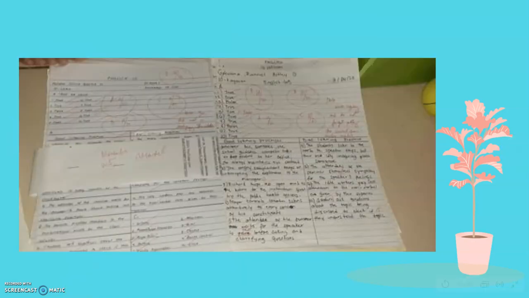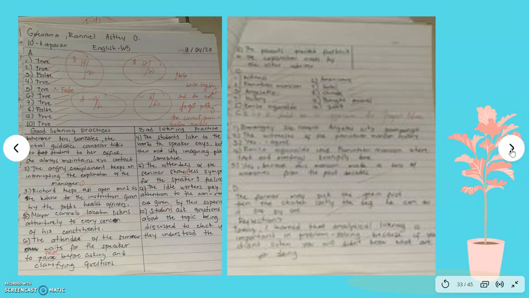Here, I always write the score in every activity, and also it's important that you put some notes in your students' paper so they know what to do next time, or they will know how to do it better next time. There, correcting minor errors in your students' paper, that is also critical.